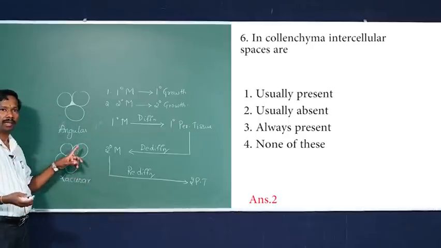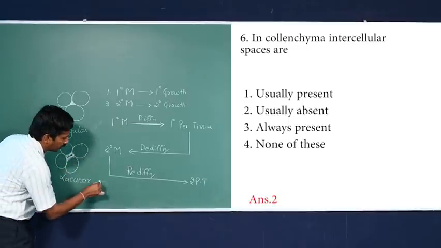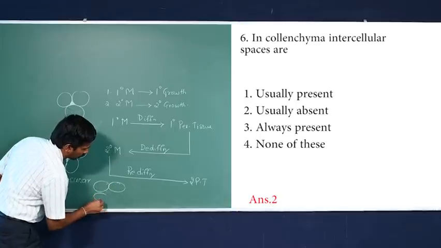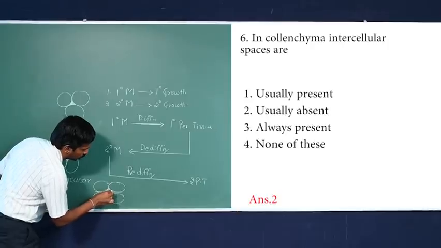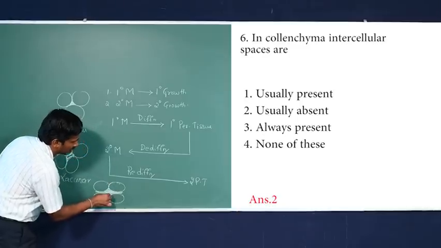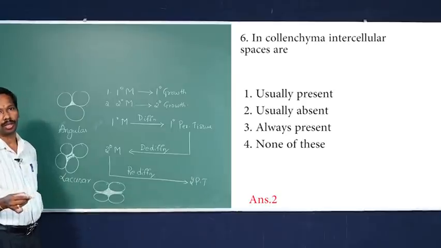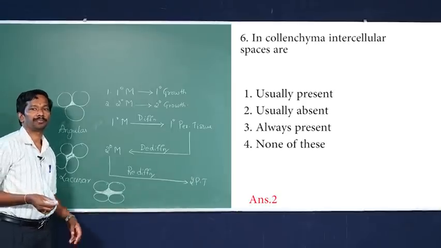So generally intercellular spaces are absent excepting lacunar collenchyma, and even in lamellar collenchyma, the cells are in layers with the thickenings also in layers, so no intercellular spaces are present. Therefore generally intercellular spaces are absent in collenchyma. So the answer is 2 for question number 6.